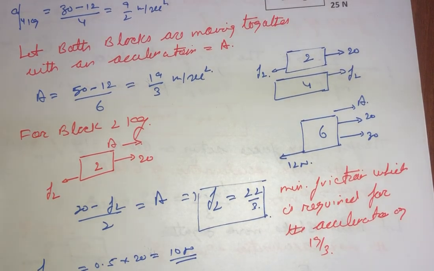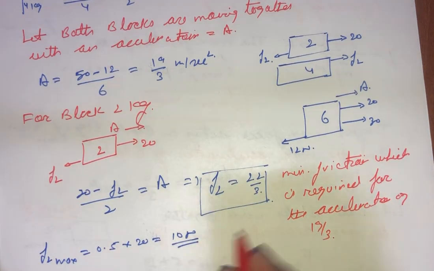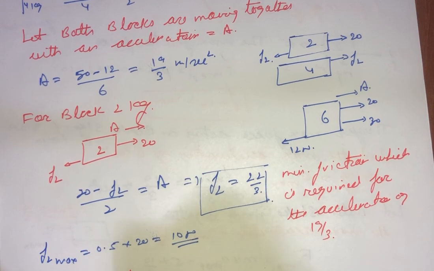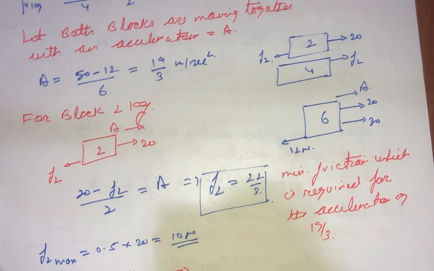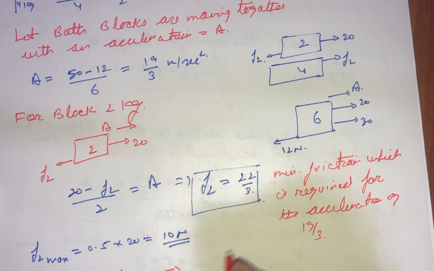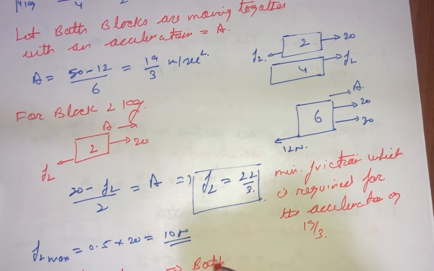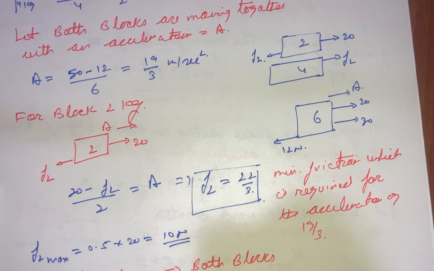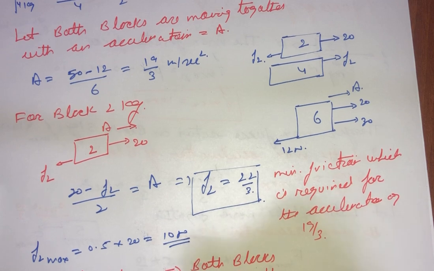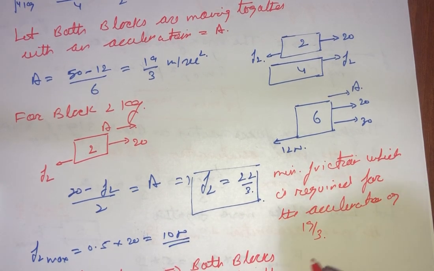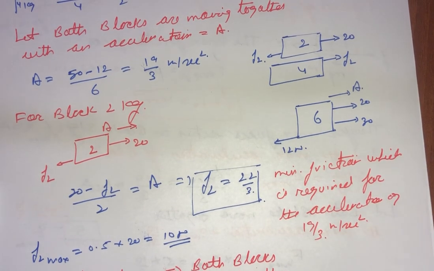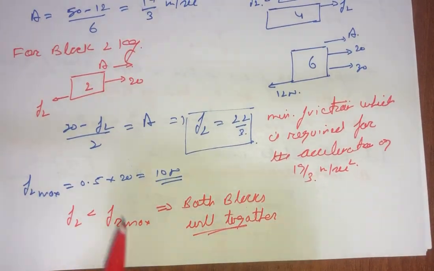So you can clearly see that our F2 is less than F2 max, which means both blocks will move together, and the acceleration will be 19/3 meter per second square. Sorry, I missed it.